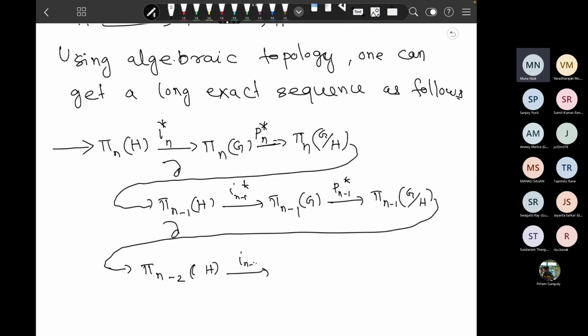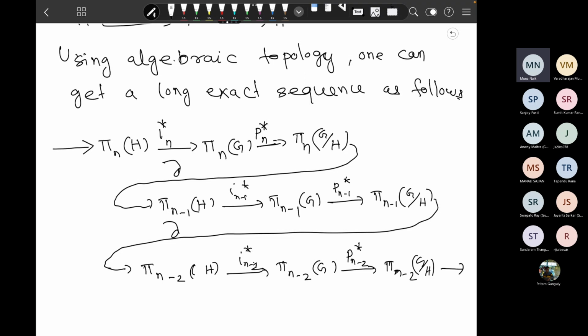So this is a very useful tool, in fact, and a very powerful thing. You can calculate fundamental groups of various topological spaces using this. So pi n minus 2 G by H, and there will be something from the right.